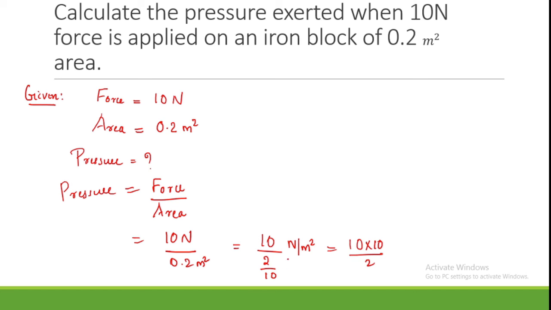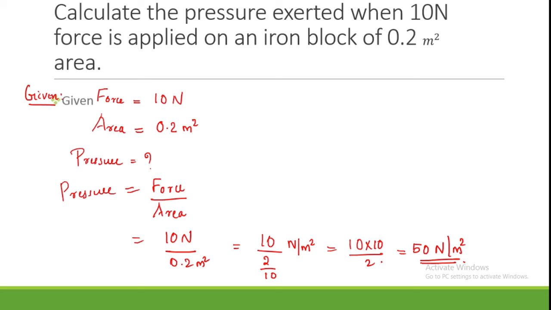If you have a division here, you can just put it on the top. So this is 100. 100 by 2 is 50 Newton per meter square. That is the pressure exerted when 10 Newton of force is applied on an iron block of 0.2 meter square area. So we just got it.